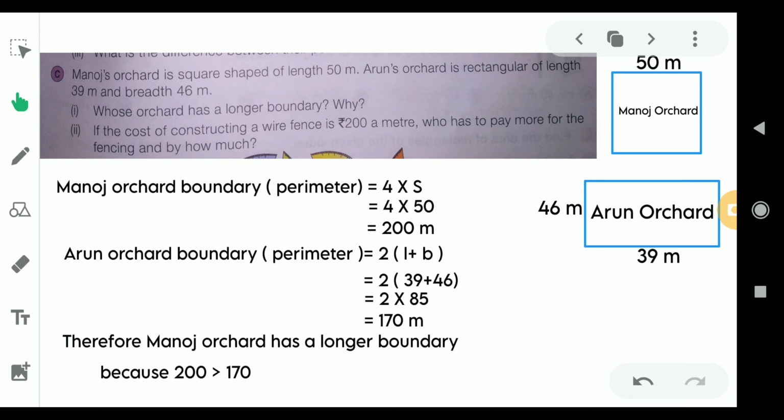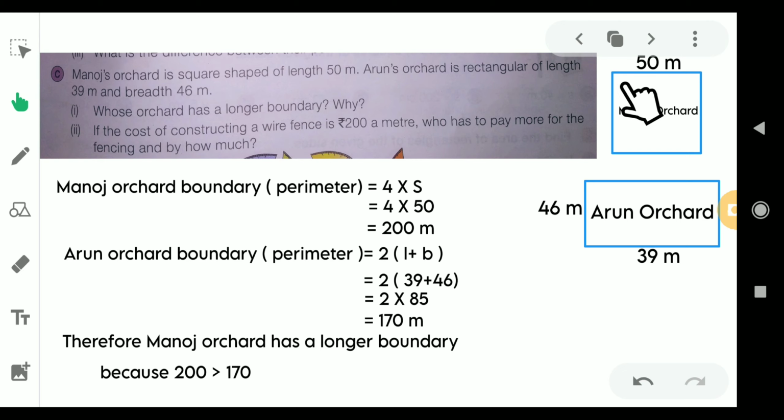But we have another half of the question: if the cost of constructing a wire fence is 200 rupees for 1 meter, then who has to pay more for the fencing and by how much? Fencing is nothing but constructing a compound made of wire around any building or a particular land.